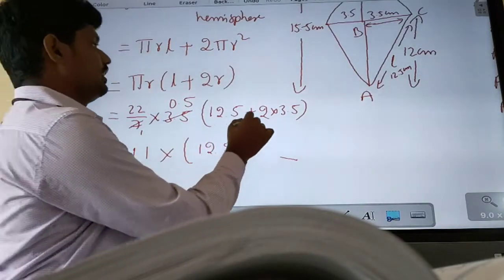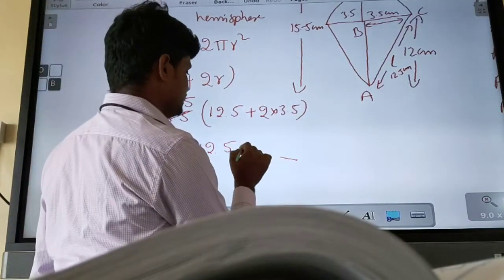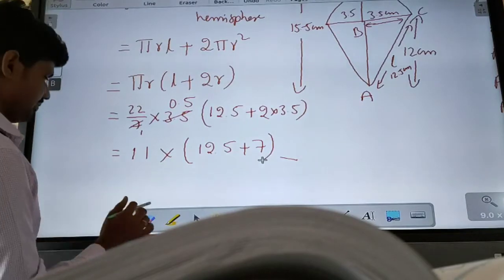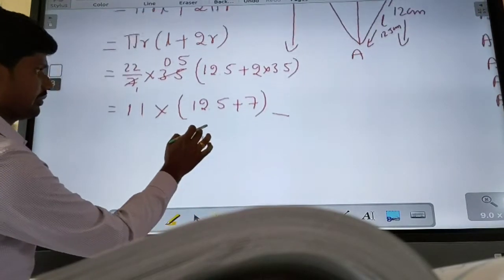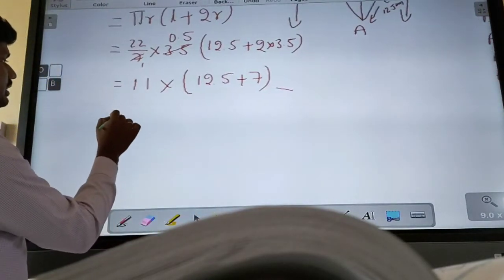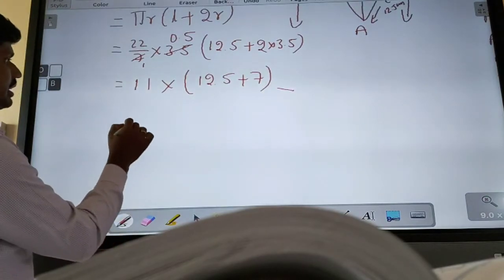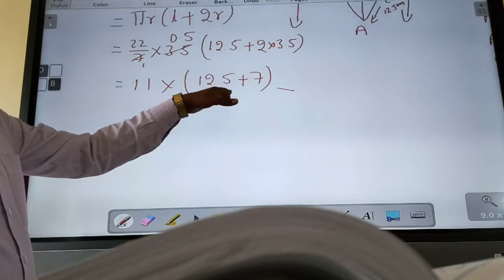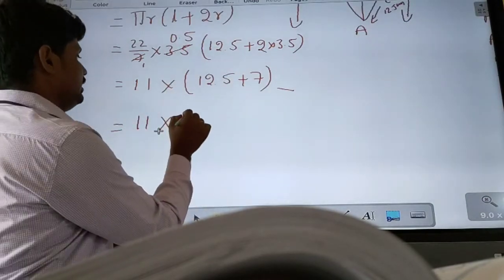Now multiply 2 into 3.5, which is 7. Now simplify, children. 11 stays as it is. First solve inside the bracket: 12.5 plus 7 is 19.5.